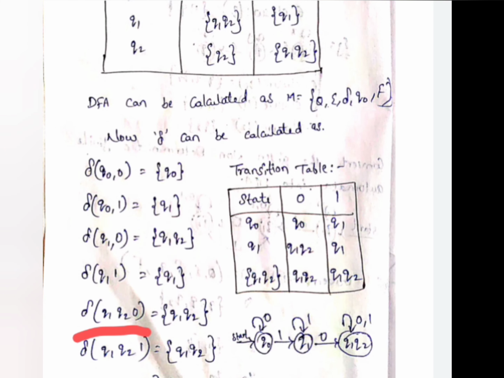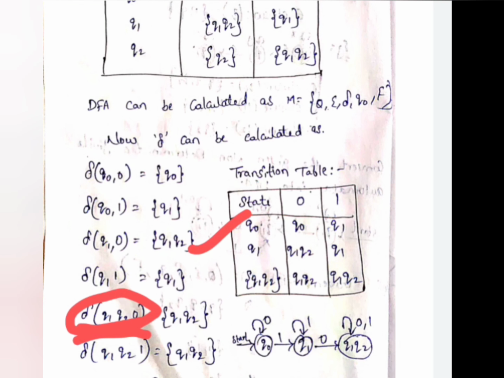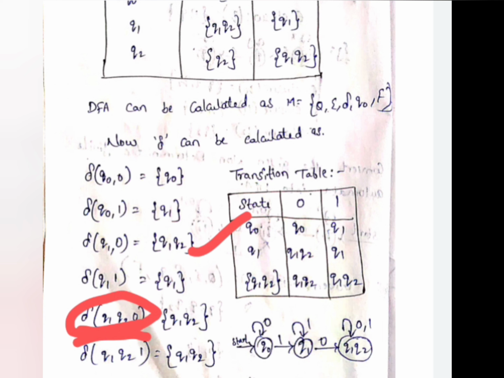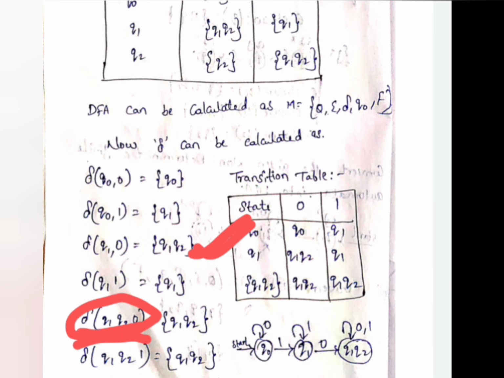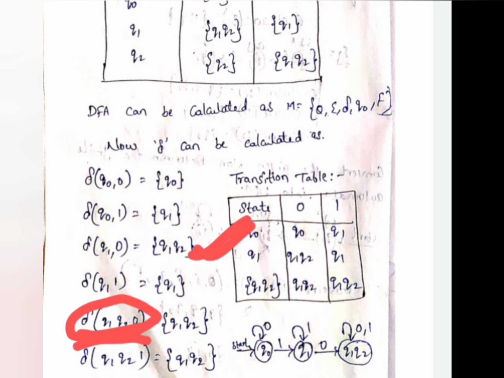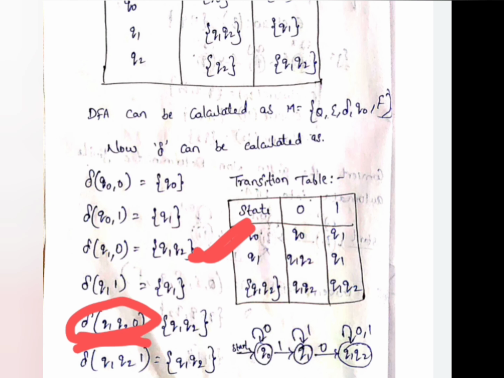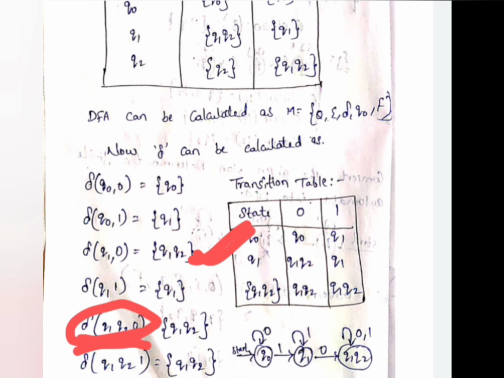Then Q1, Q2 comma 0. That means we have got a new state here, Q1, Q2. With the new state you need to take input symbols 0 and 1 and do the transition function, because until no new state occurs, you need to keep doing the transition function. You should not get a new state again, so up to that you repeat the same process.